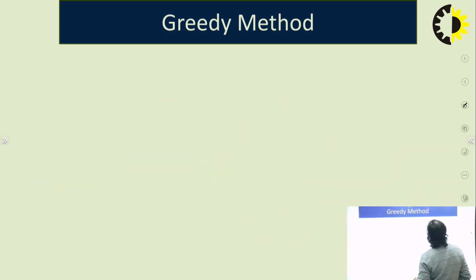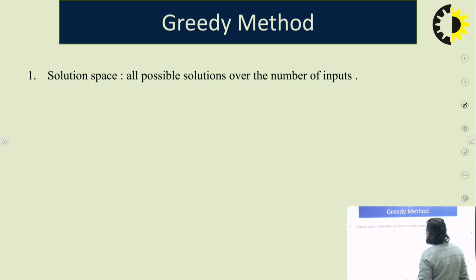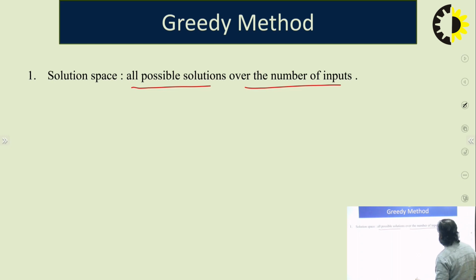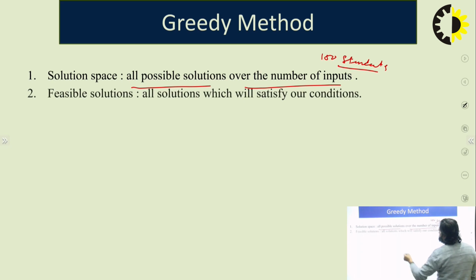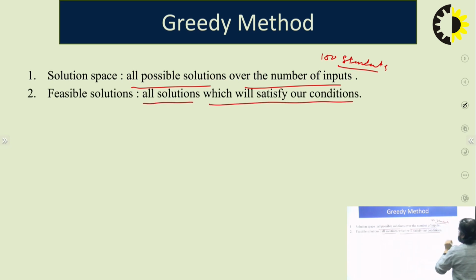Now we discuss the method. The solution space is the possible solutions over the number of inputs. In the example, the total number of inputs is 150 students. Next is the feasible solution, or a solution which satisfies our condition. The condition is marks greater than 80%, the students who obtain that.